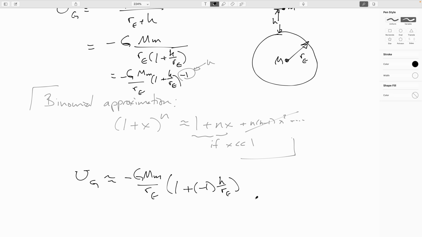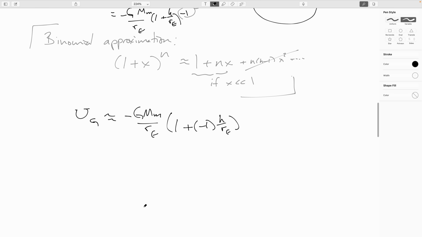Like that. So if we expand this through, what we have is a minus g m over re, and then we have plus, because minus a minus, and I'm going to pull the little m out in front, m times g m over re squared times h.